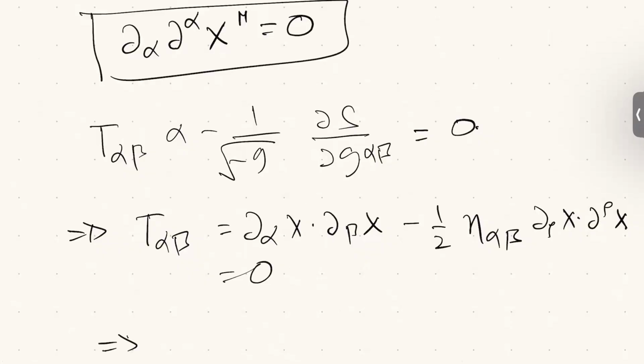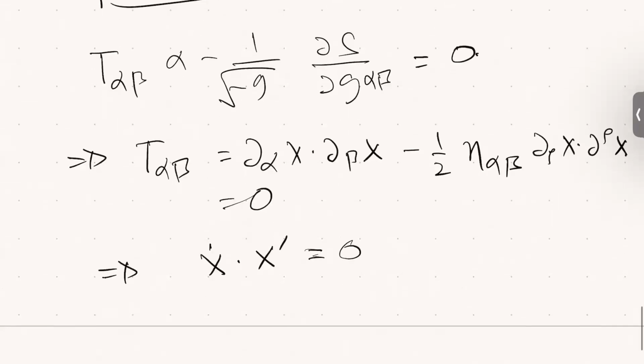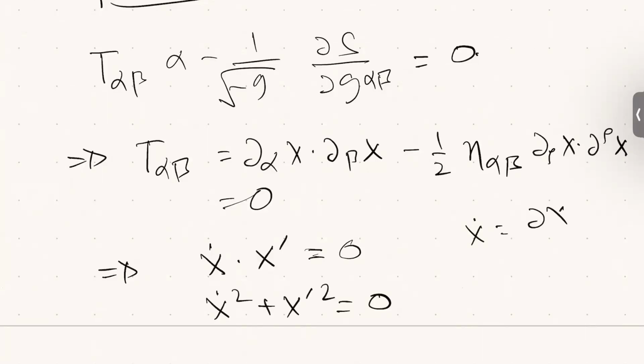So you have two sets of equations. One is x dot comma x prime equals 0. And the other one is x dot squared plus x prime squared is 0. Where x dot is del x del tau and x prime is del x del sigma.